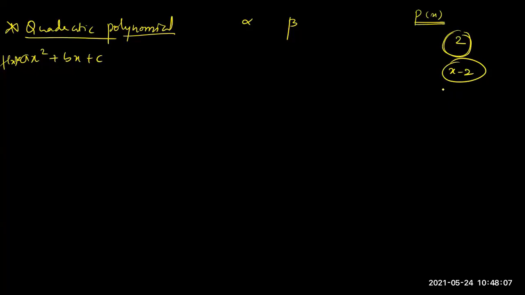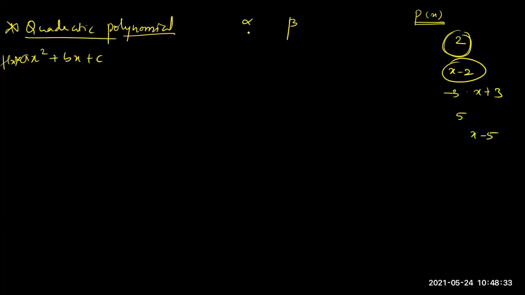If minus 3 is the zero, then x plus 3 is a factor. Any question? If 5 is the zero of the polynomial, then x minus 5 is its factor.